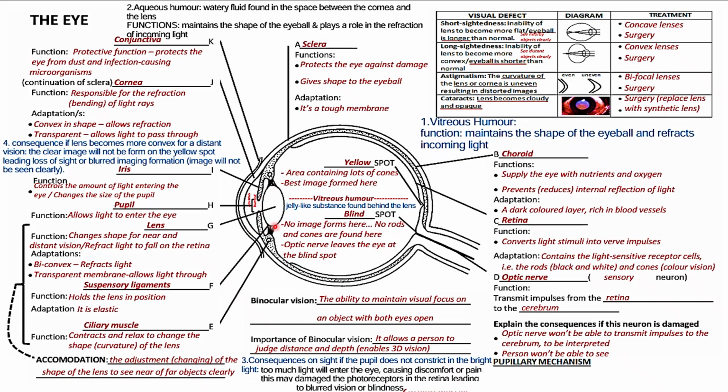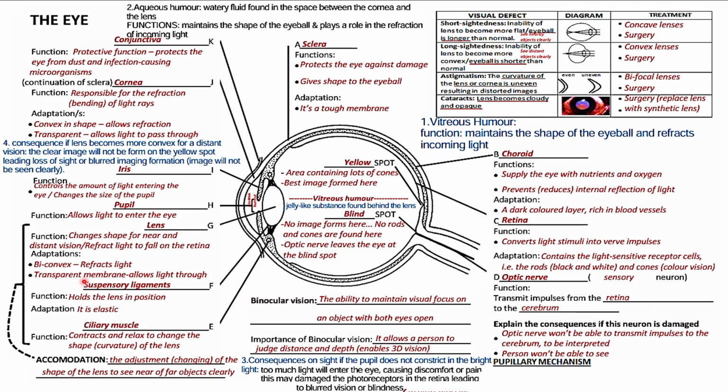Now, the lens is supported by two structures. The first one is the suspensory ligament, and then we have the ciliary muscle. So let's look at the functions of the suspensory ligament. It holds the lens in position, meaning without the suspensory ligament, the lens will not be well positioned to refract light so that the image will be produced on the yellow spot.